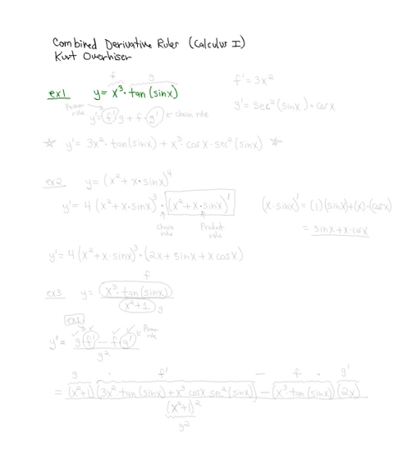In fact, if we call this function f and this function over here g, then the product rule says we take the derivative of f, multiply it by g, and then add to that f times the derivative of g.